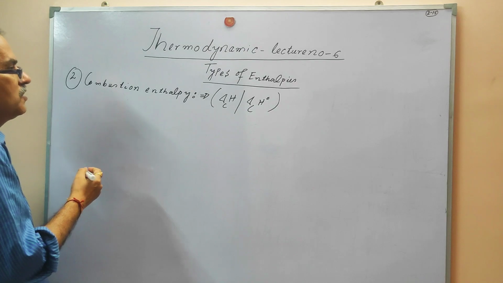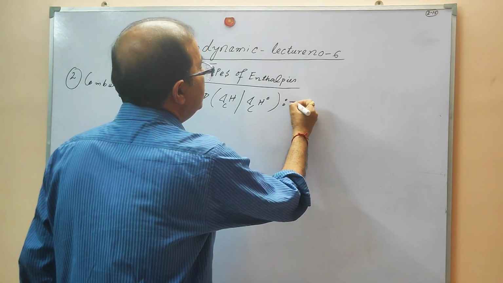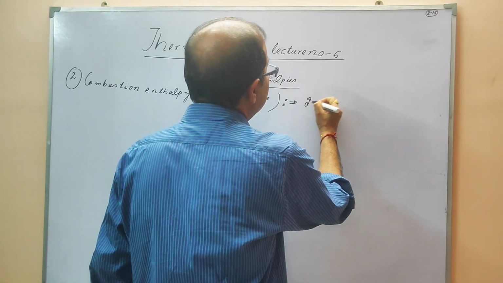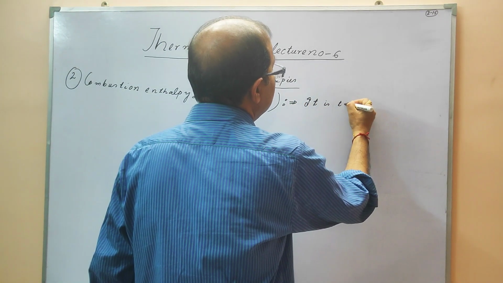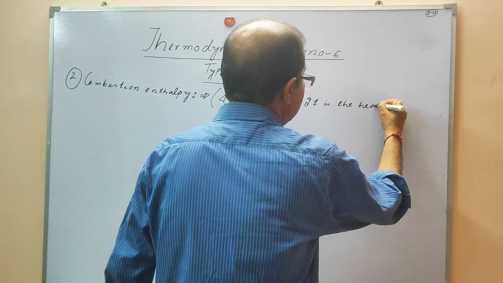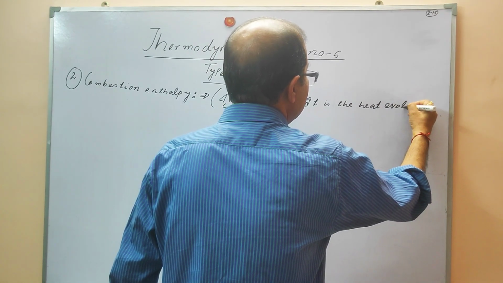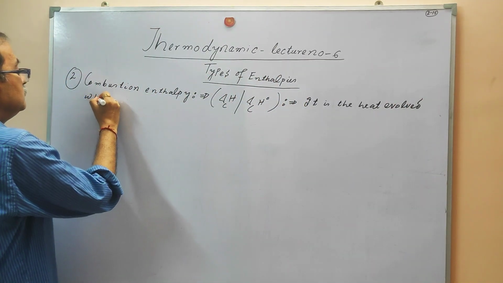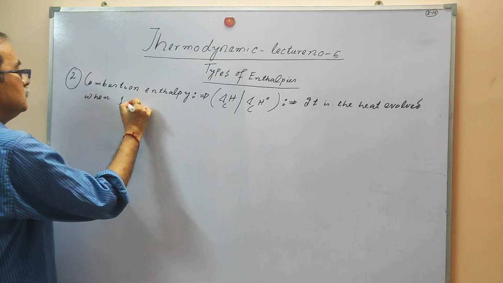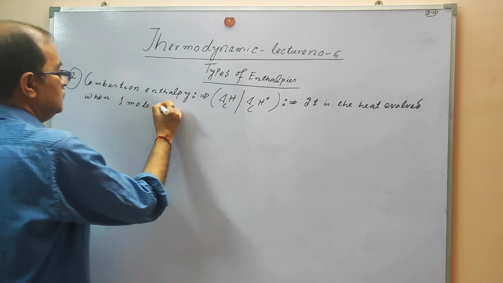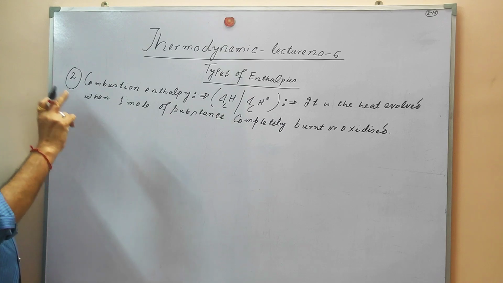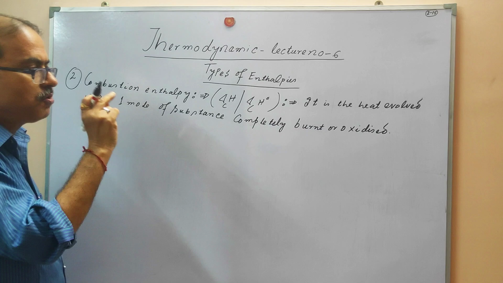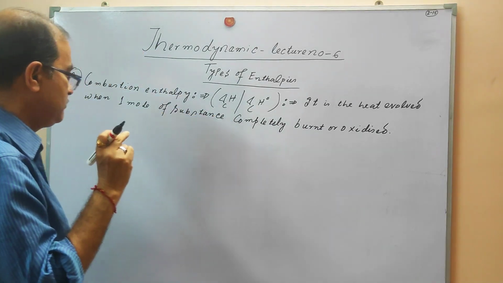that is standard enthalpy of combustion. What is the definition of this combustion enthalpy? It is the heat evolved when 1 mole of substance is completely burned or oxidized.